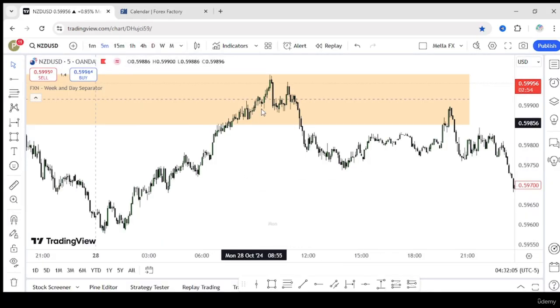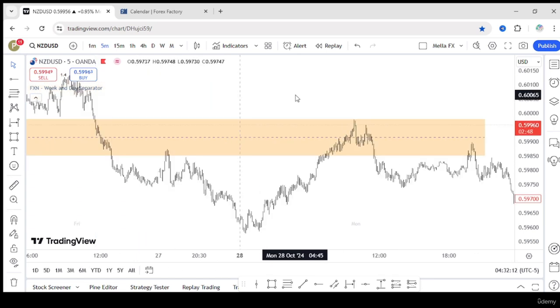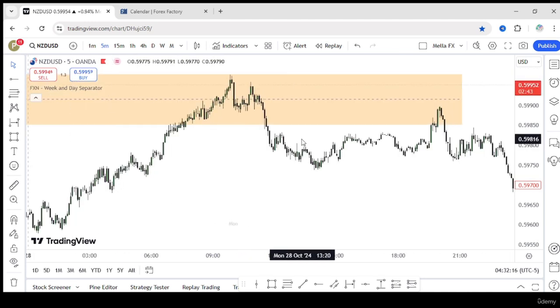So this is the 4-hour imbalance, which was hit on Monday. And we see that we ran some form of buy-side liquidity here. Then after that, we started breaking market structure from here. And this was a retest.